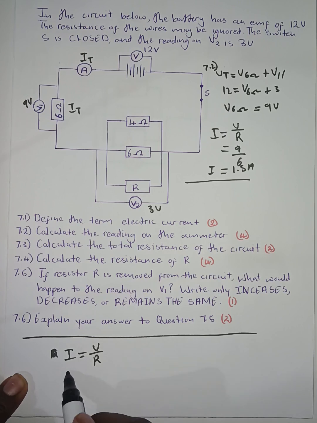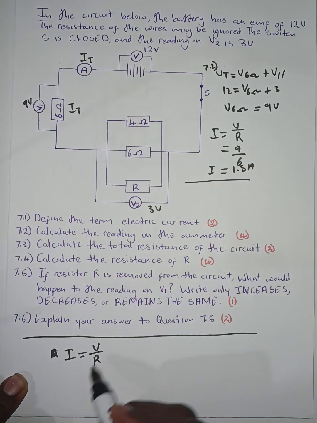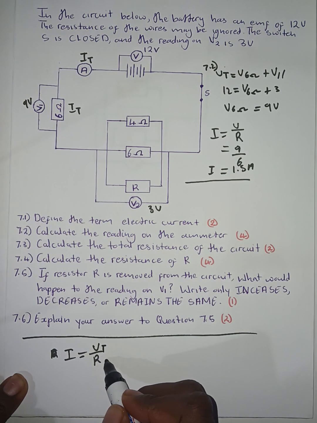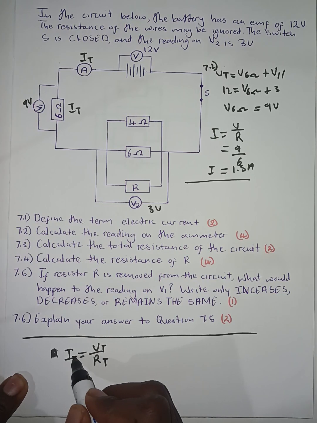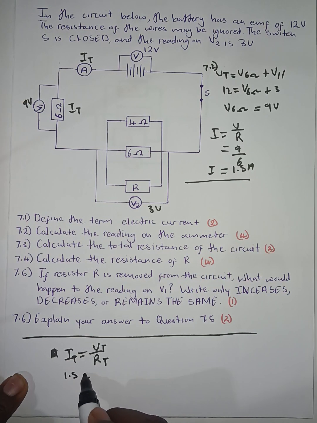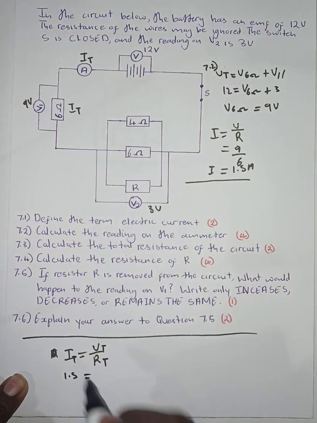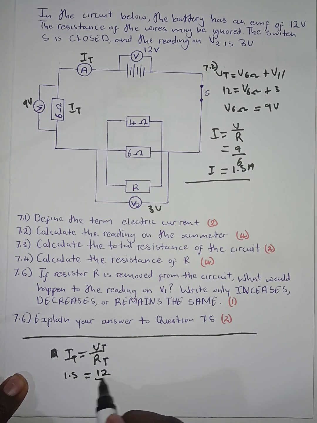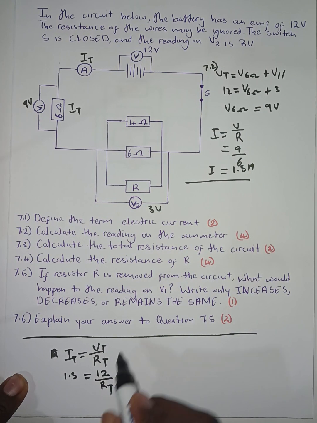So this would be V total, this would be R total, and this would be I total. So I total, that is 1.5, equals V total, which they gave us as 12 volts, so 12 divided by R total, right? Because that's what they want there.